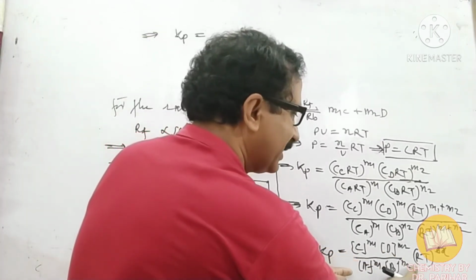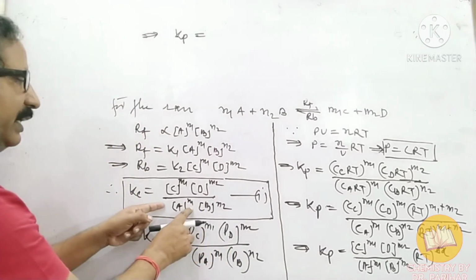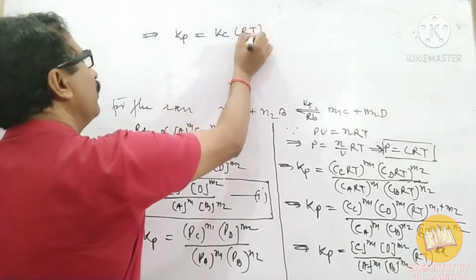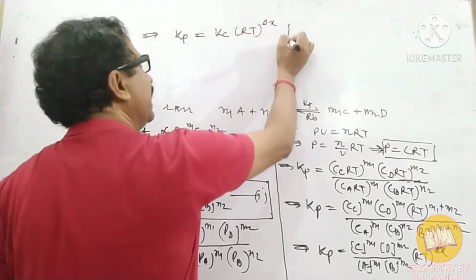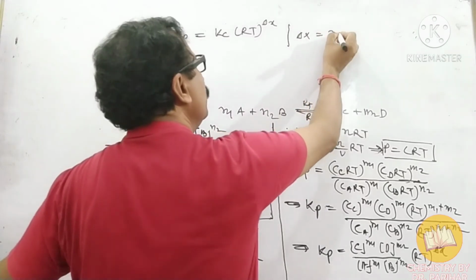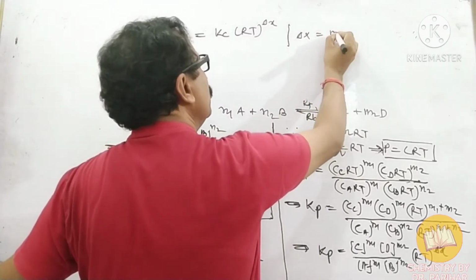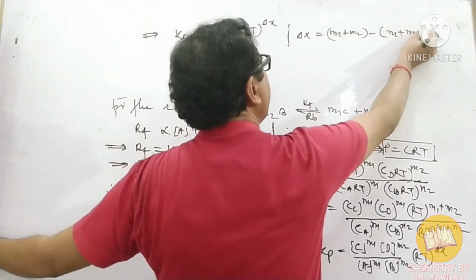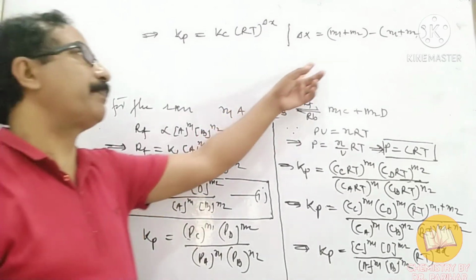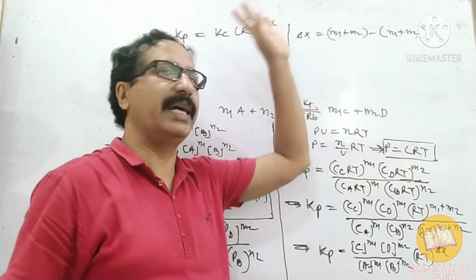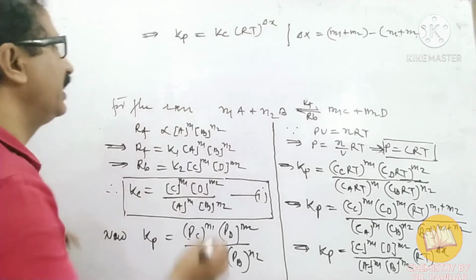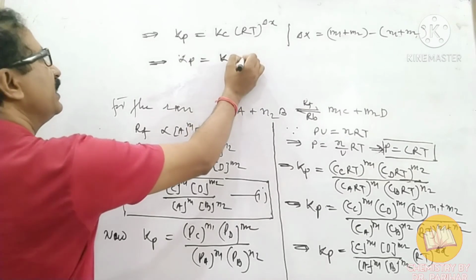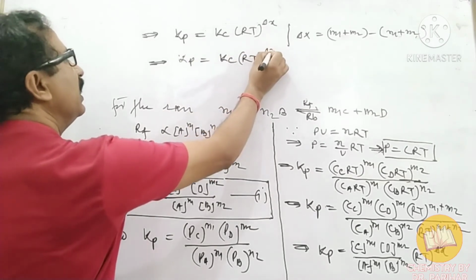This value, dear student, you can see is entirely related to this Kc. Otherwise, Kp is equal to Kc RT to power delta n, and here you know delta n is equal to m1 plus m2 minus n1 plus n2, meaning number of moles of product minus number of moles of reactant. This is associated with delta n, which implies Kp is equal to Kc RT to power delta n.